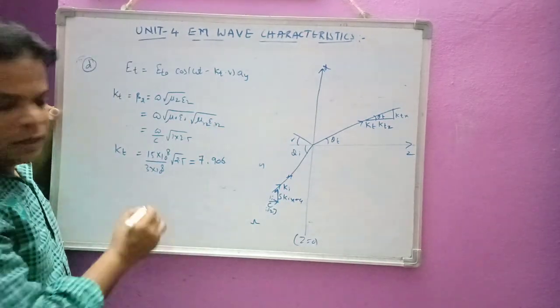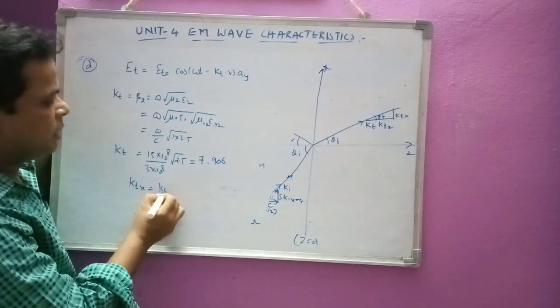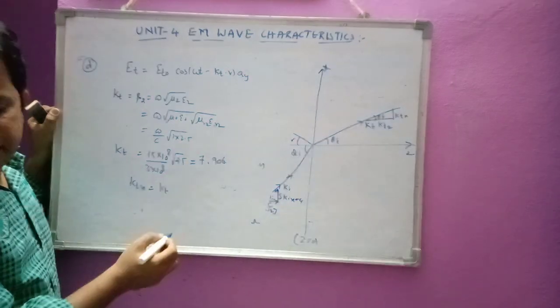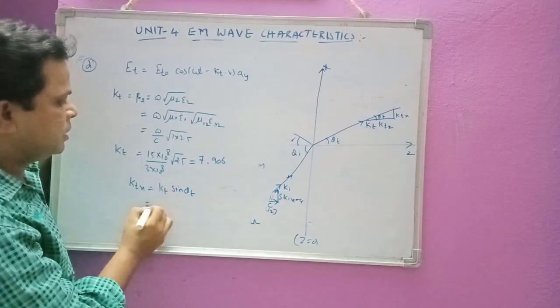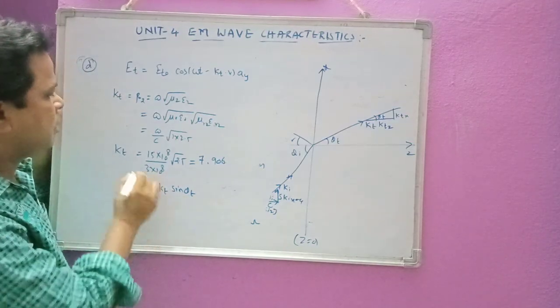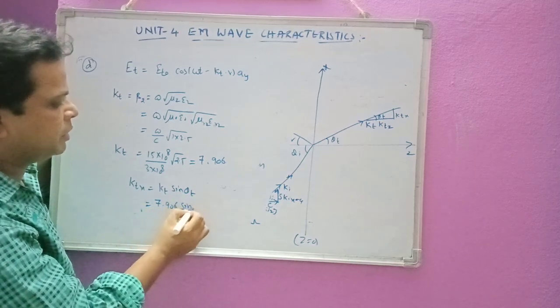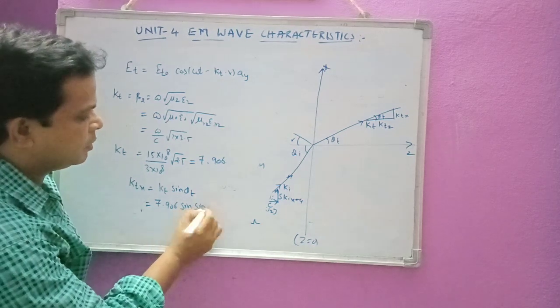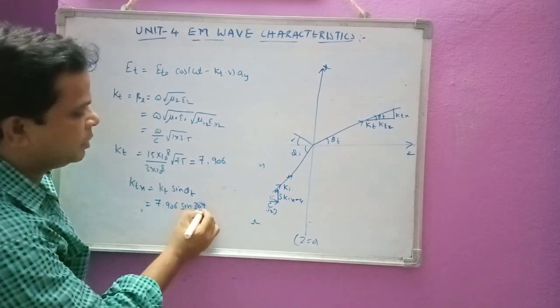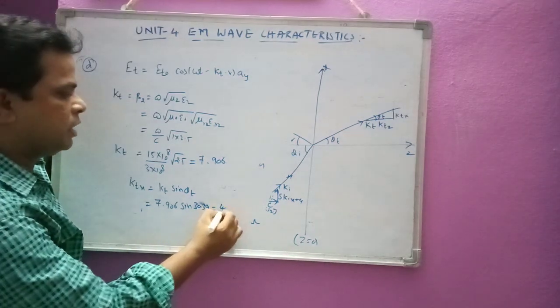Ktx is equal to kt sin theta t, that is 7.906 times sin 30.39. You can check your calculator, it turns out to be 4.